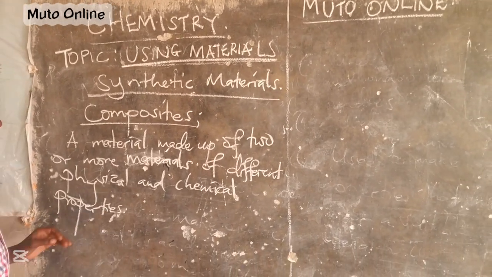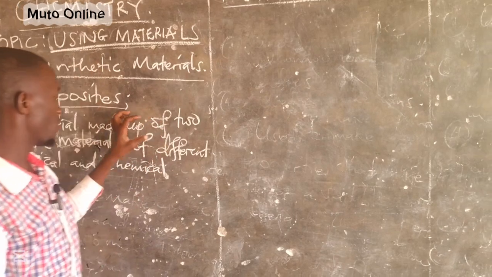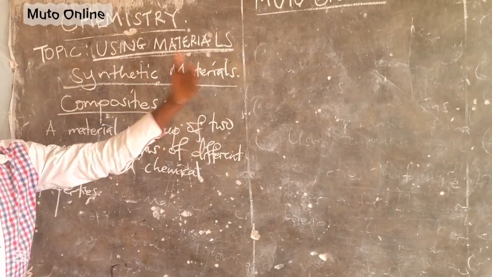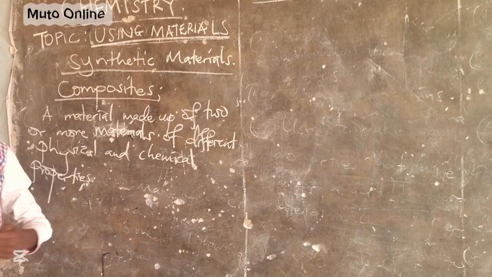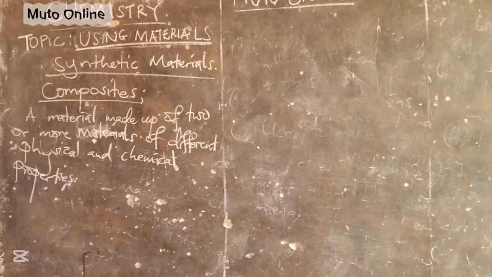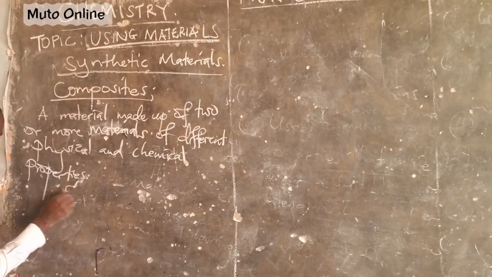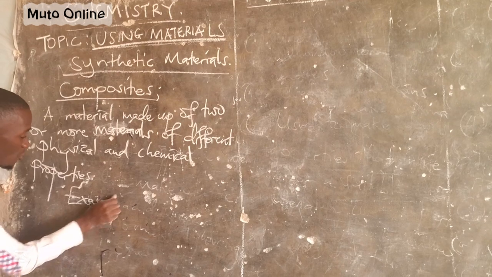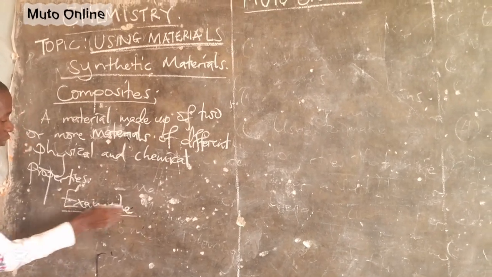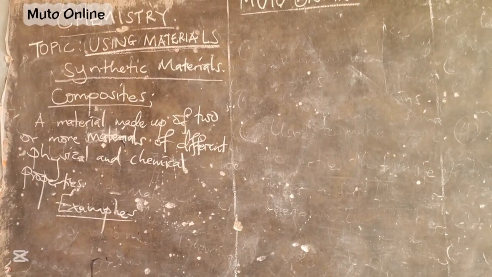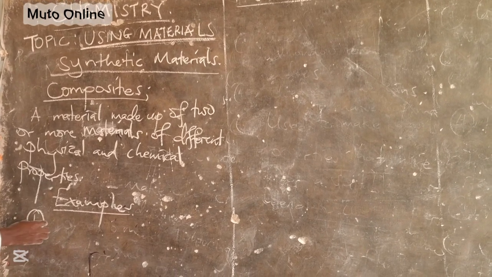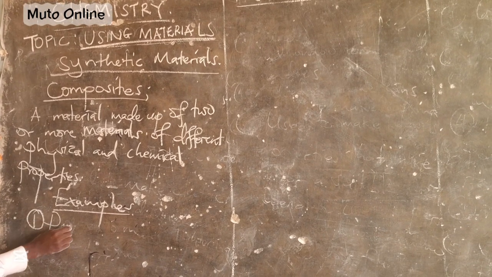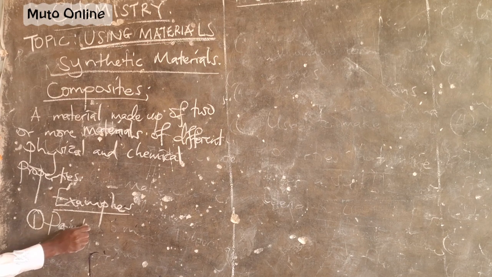We are going to look at these materials that are a mixture of more than one material. And we are going to see that we have very many examples. We actually know the examples of composites. Under this, we shall find that paint is a composite.